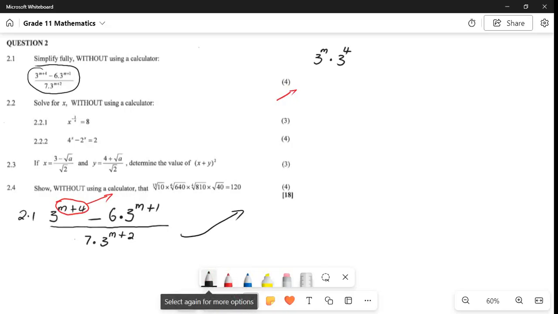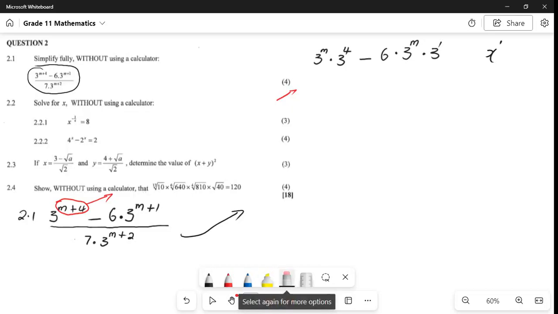So we have that, and in the next term we've got 6 as it is times 3 to the exponent m times 3 raised to the exponent 1. And you will all remember that when we've got an exponent 1, we don't always show it. When you have got x, you just need to know that it's to the exponent 1. Everything that is written is raised to the exponent 1, but we don't even show it.